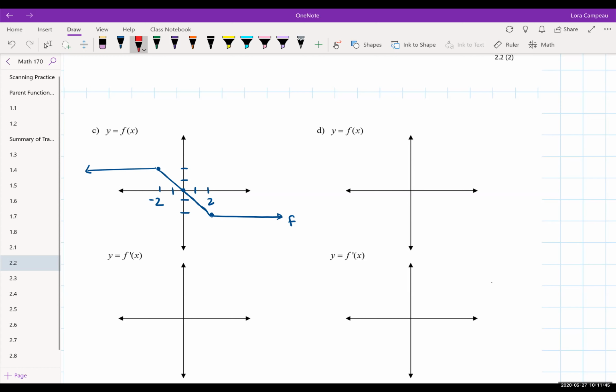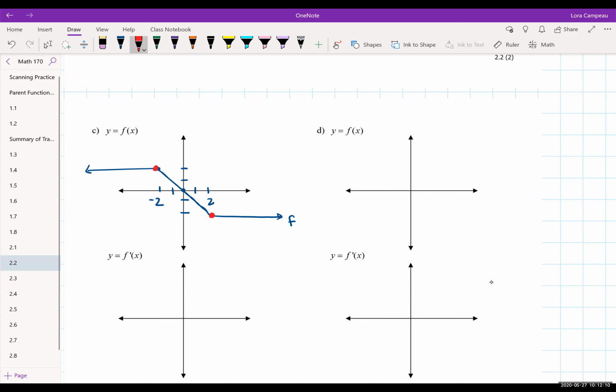Generally when you see corners or jumps, we end up having a piecewise function. Let me mark those there. And if you remember, when we are looking at the derivative, if you have corners, the derivative does not exist at that value, so it's undefined.